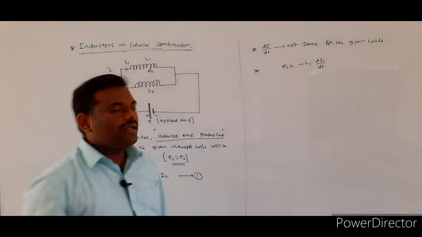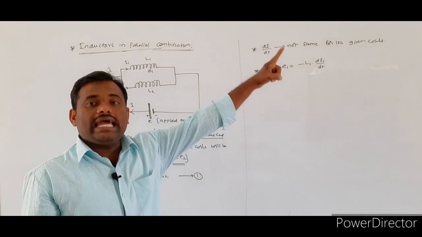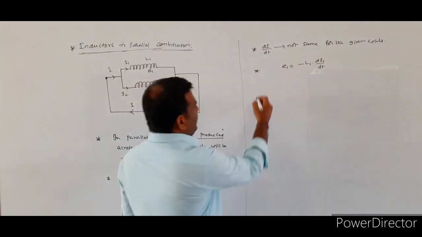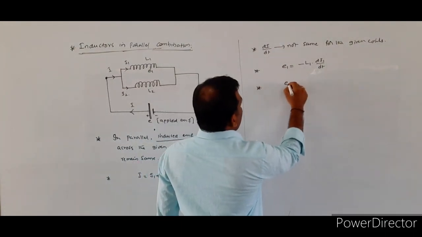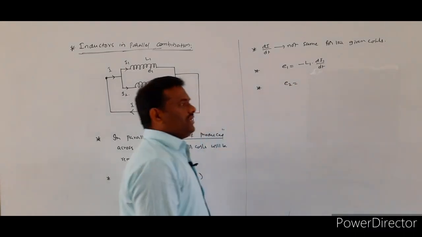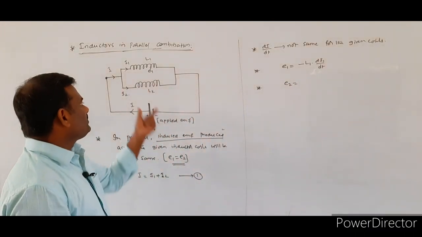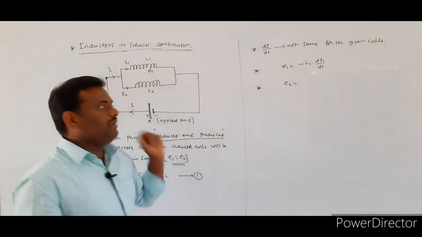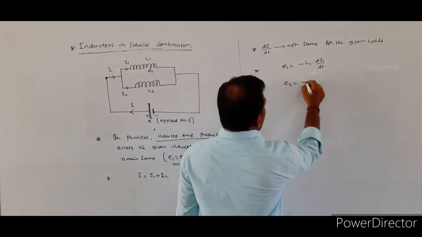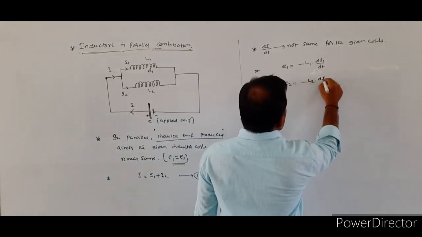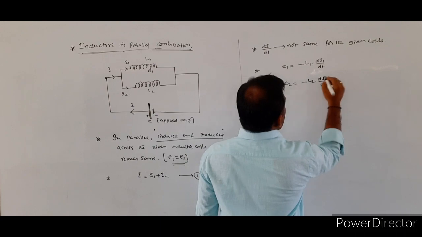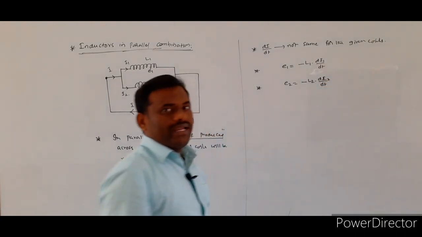Similarly, the induced EMF produced across the second coil will be taken as minus L2 into di2 by dt.